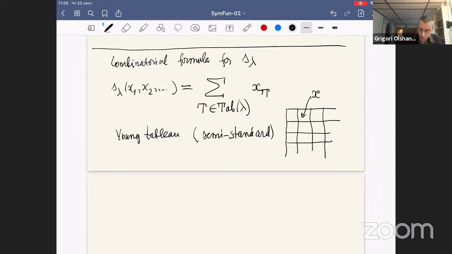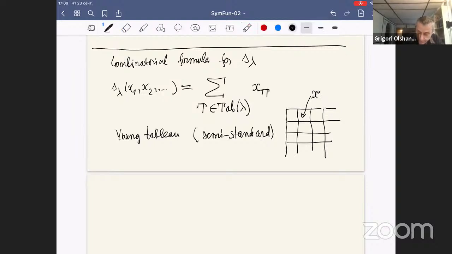This is a variable which corresponds to this box. Sorry, this is a bad notation.